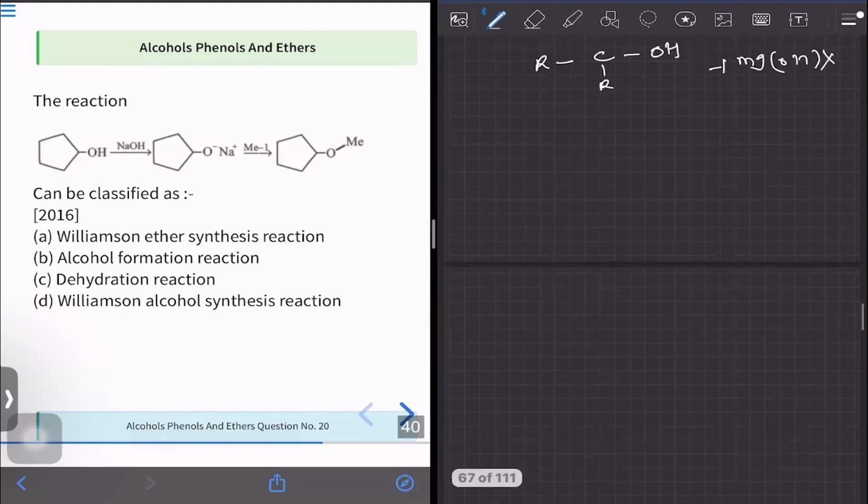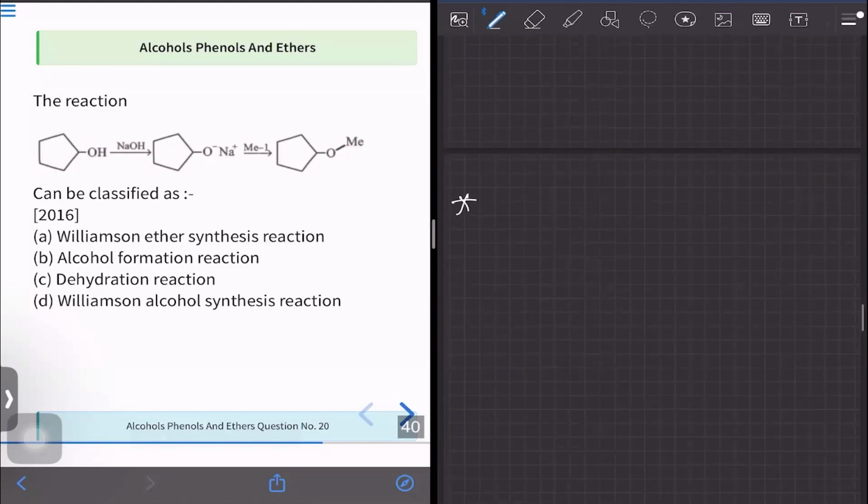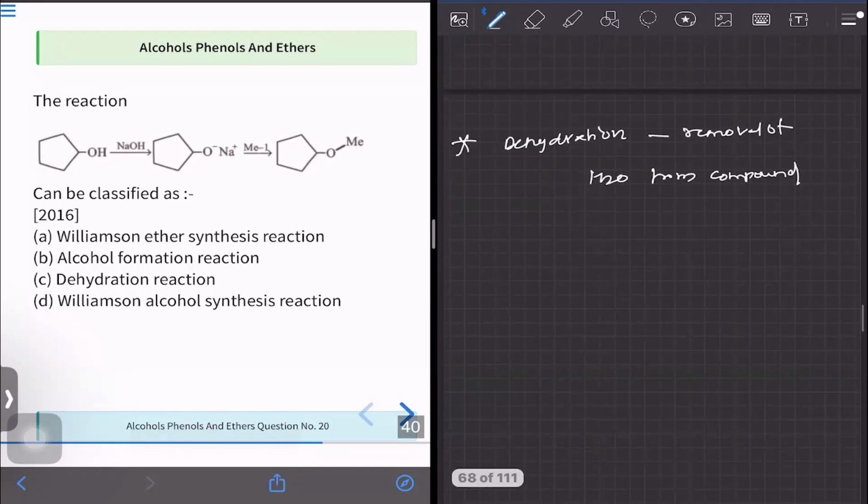Next, what is a dehydration reaction? It is the removal of water from a compound. For example, let's take ethanol.